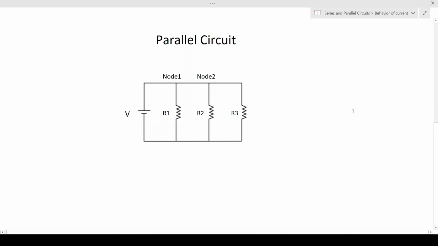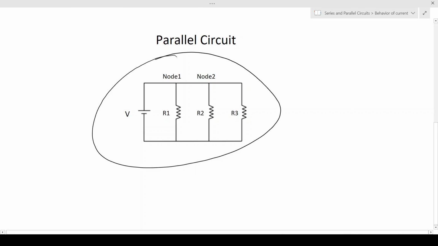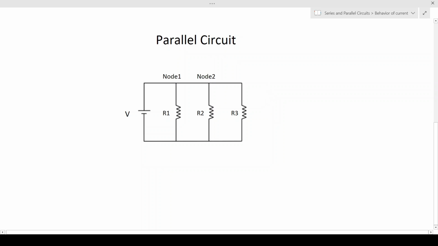So what we're currently looking at right now is a parallel circuit. Something important to note about this parallel circuit is that we have nodes. Specifically, we have two nodes, node 1 and node 2. A node is a point where multiple branches are connected.